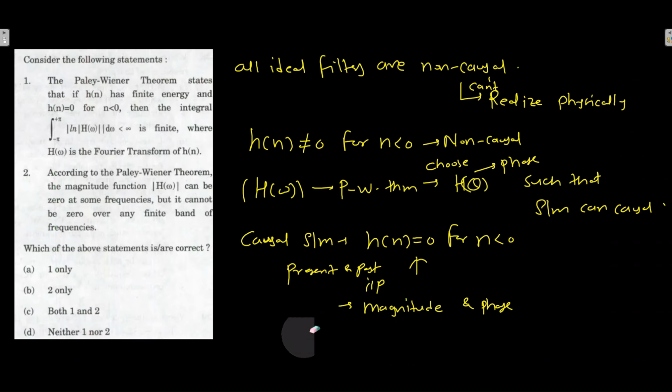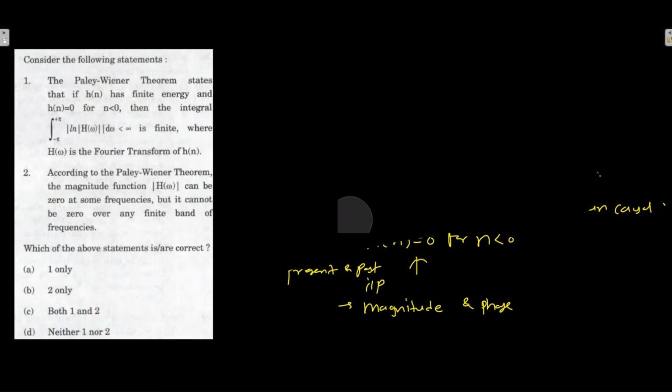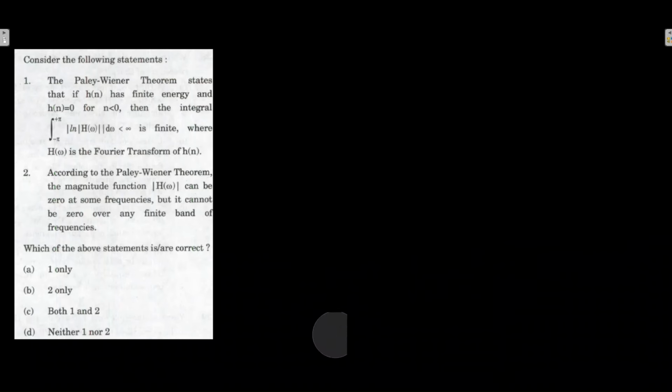Now let's come to the statement. The Paley-Wiener theorem states that if h of n is equal to 0 for n less than 0, this condition should be satisfied. What I told you is that H of omega should satisfy the Paley-Wiener theorem. There are two conditions. First we will discuss them in detail, and at the end I will give you a summary so that you can directly recall it in your exam hall. What is the first statement? Finite energy and h of n equals 0 means causal.